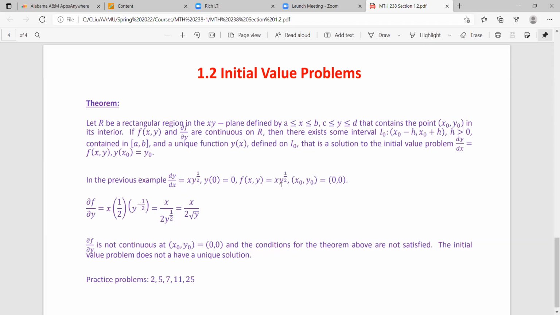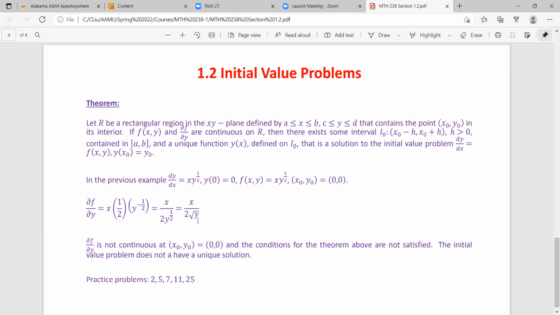You just take the derivative of y to the half, so you get a half times y to the negative half using the power rule. Y to the negative half means you can put it in the denominator, and you also get the half, so that's 2 in the denominator. So the partial derivative of f with respect to y is x over 2 times y to the half, or rewriting y to the half as square root of y, x over 2 square root of y.